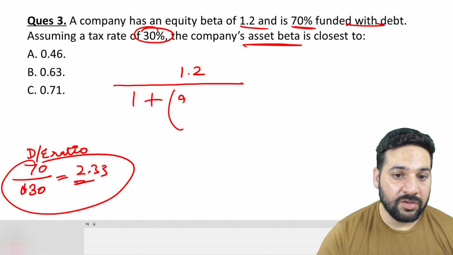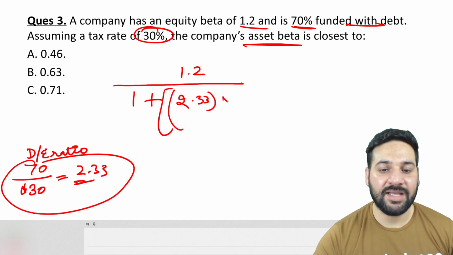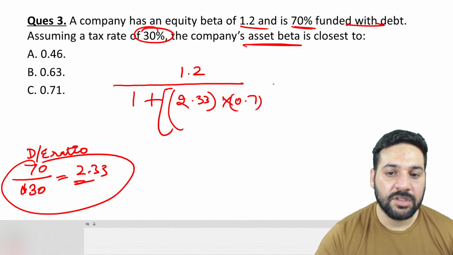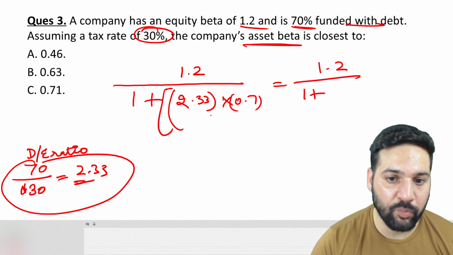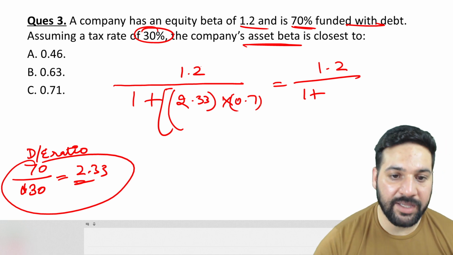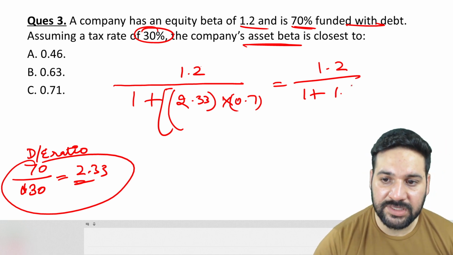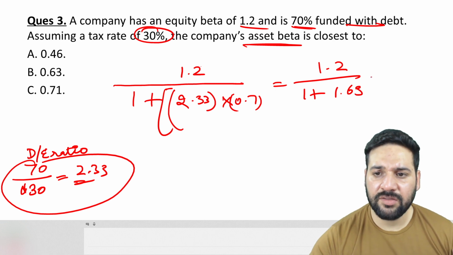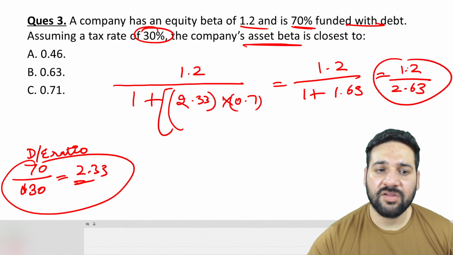2.33. So 1 plus 2.33 multiplied by 1 minus the tax rate, that is 0.7. So 1.2 over 1 plus 2.33 multiplied by 0.7. Multiplying it, it will be around 1.63, so it is equal to 1.2 over 2.63. Just divide it.